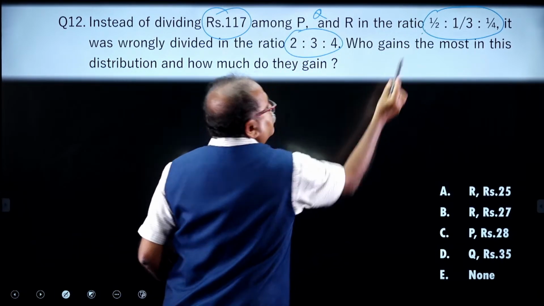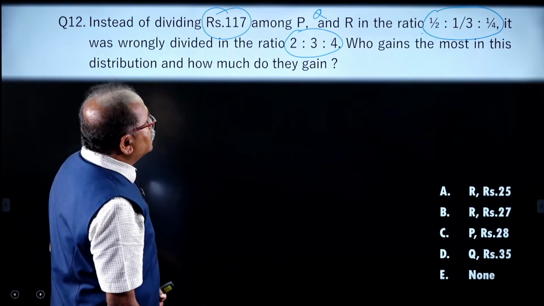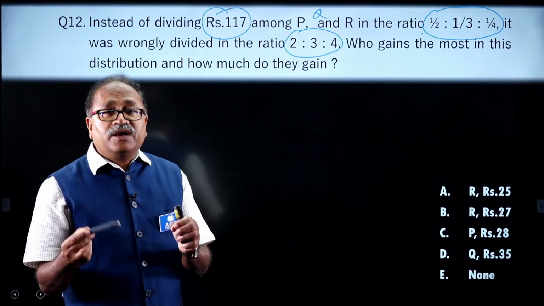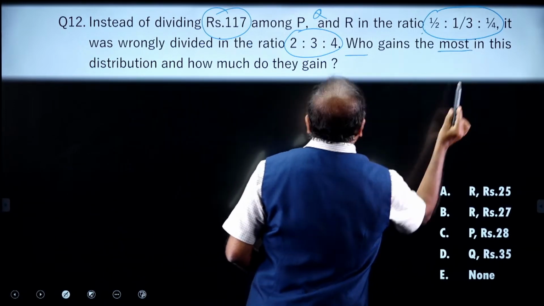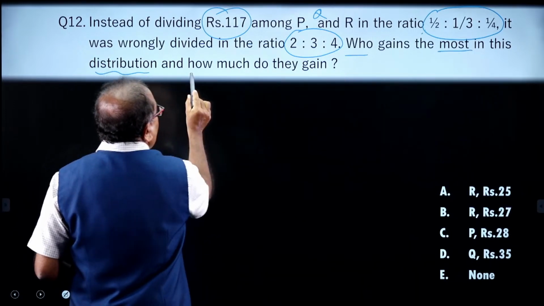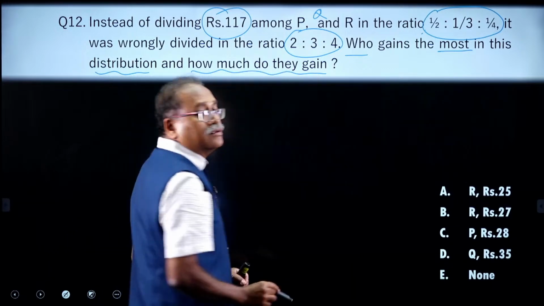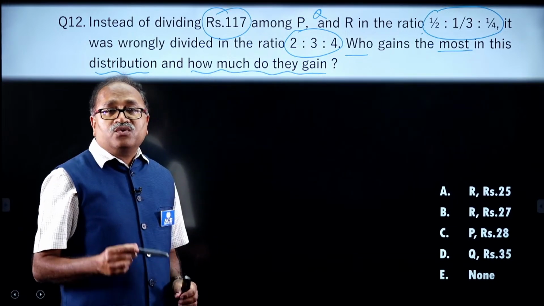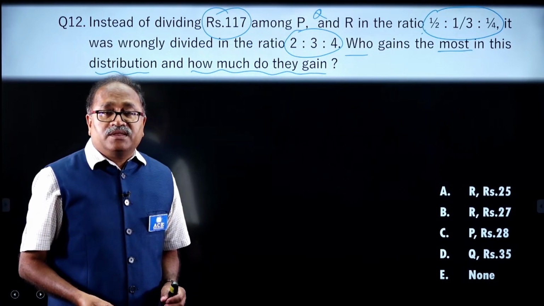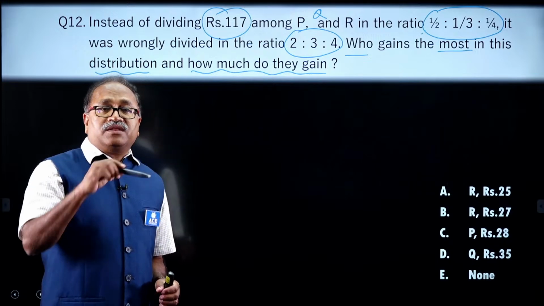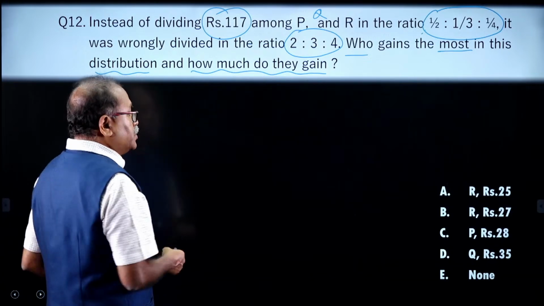Learn how to convert this one into integers. The end part is changed. It is said that who gains the most in the distribution and how much they gain. Now, it's different. Who is gaining the most and how much is he gaining? This question is different from the previous question. So, how do we do it?